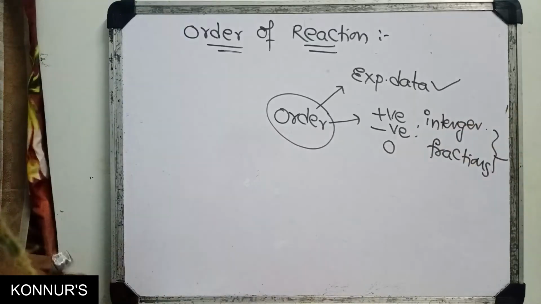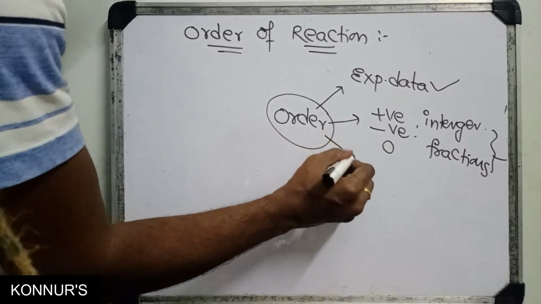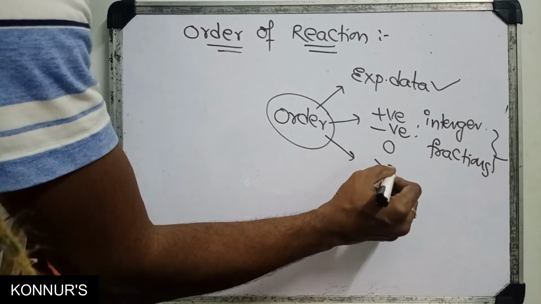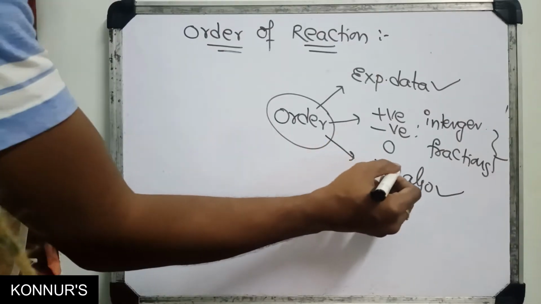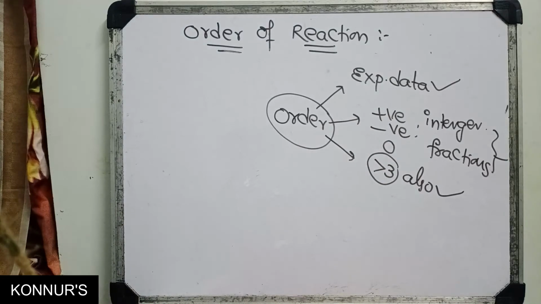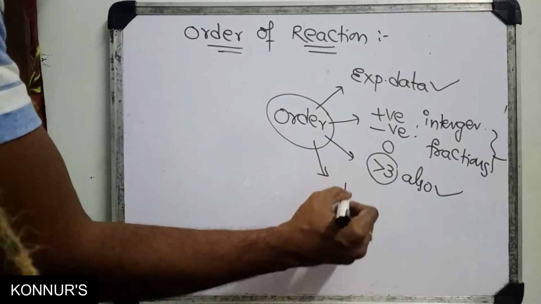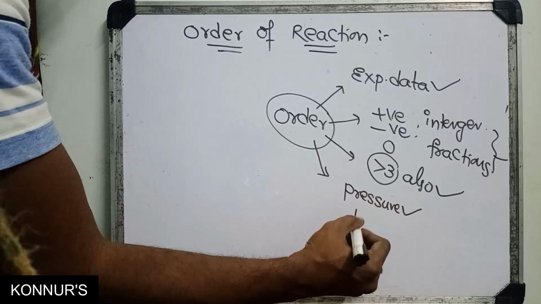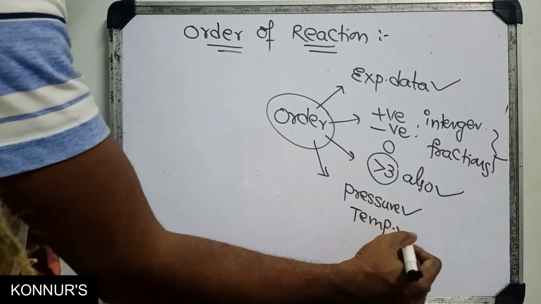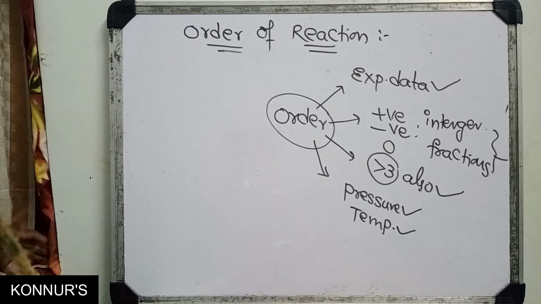The order value is observed as positive, negative, 0, integers and fractions. A value greater than 3 is also available. It depends on pressure and temperature also. So if pressure or temperature changes, the order changes.